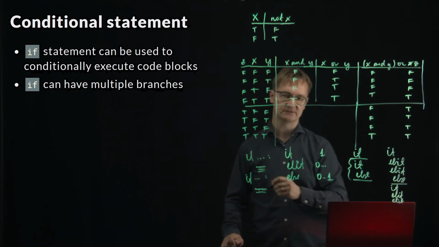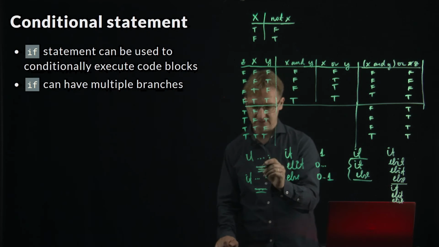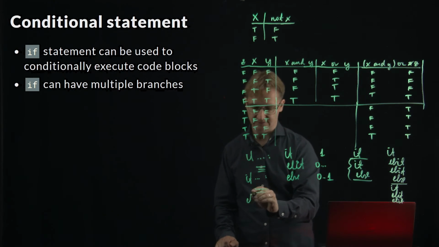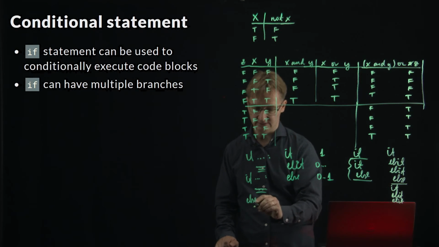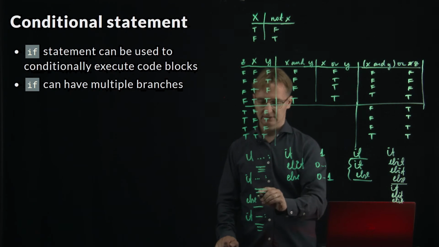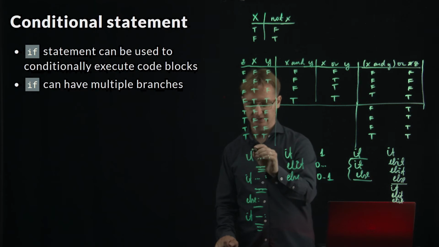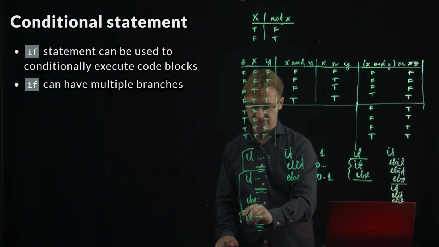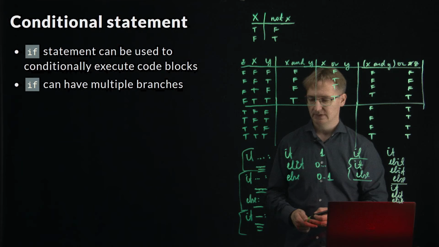Those are different if statements. So let's say there we have else part, and now I can still have an if statement here. So this one is one if statement, this one is another, and this one is a third one.